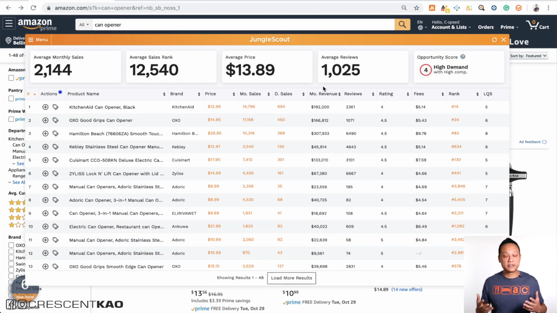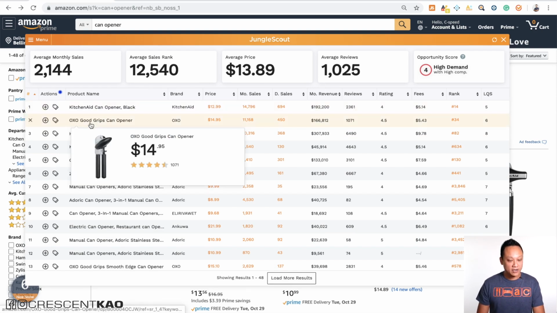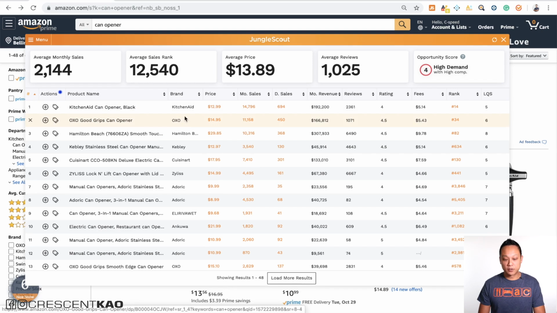So how do you calculate the monthly revenue? Well, it's actually pretty simple. If we take a look at this OXO grips one, for example, they're selling their product for $14.95, and they're selling 11,158 units per month, and they're generating a revenue of $166,812.